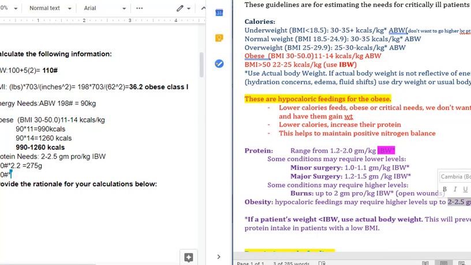Do you know how we use pounds over here? I thought we were using kilograms. Right, so 110 divided by 2.2, which is in pounds, gives you 50 kgs. Okay, yeah, that makes a lot more sense.